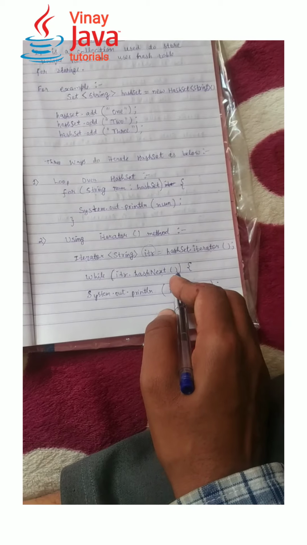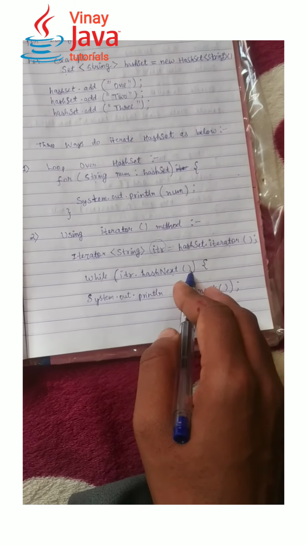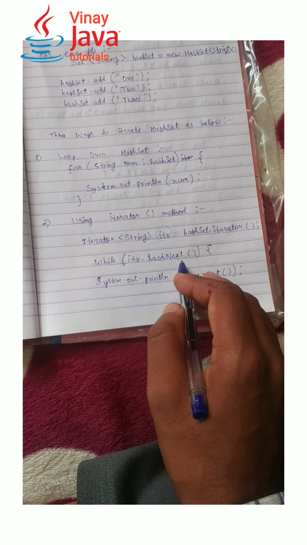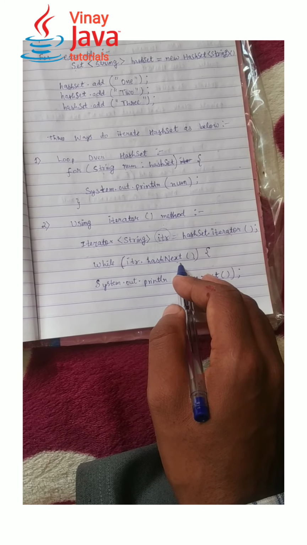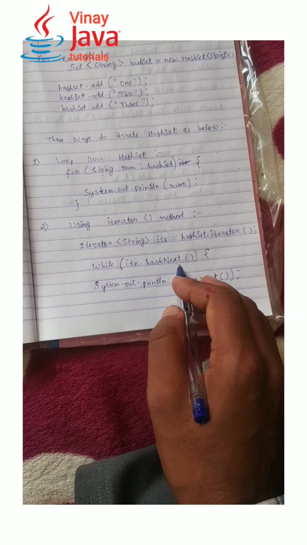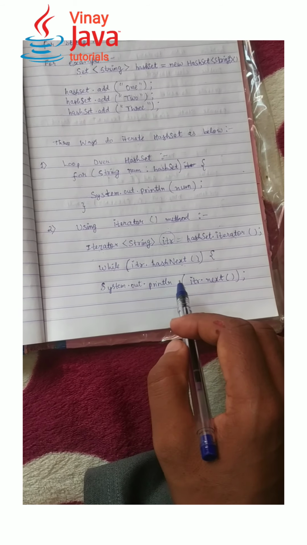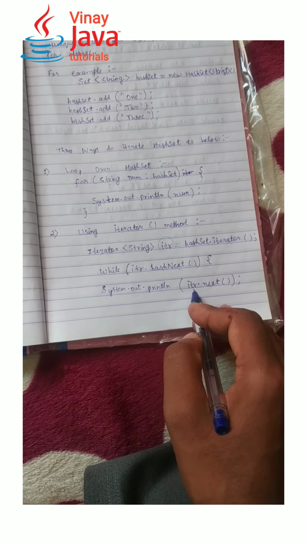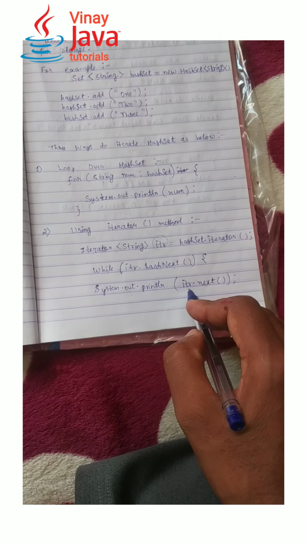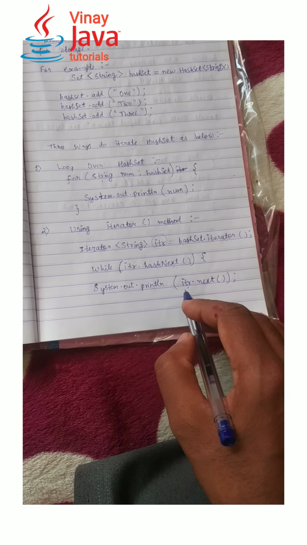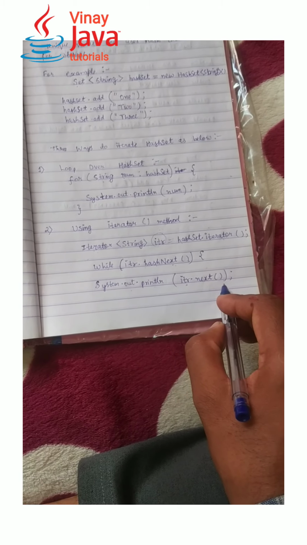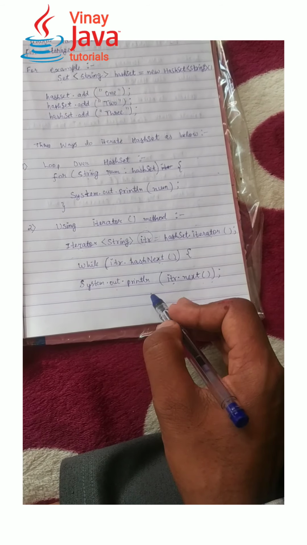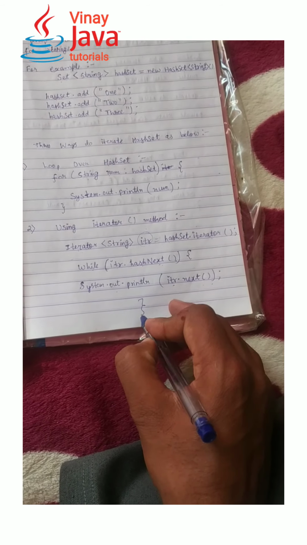What does the hasNext method do? This hasNext method is also of boolean type, which returns whether the set has elements or not. So I will print with System.out.println, and inside that println method I will print the elements using itr.next. The itr.next method will give me the corresponding elements.